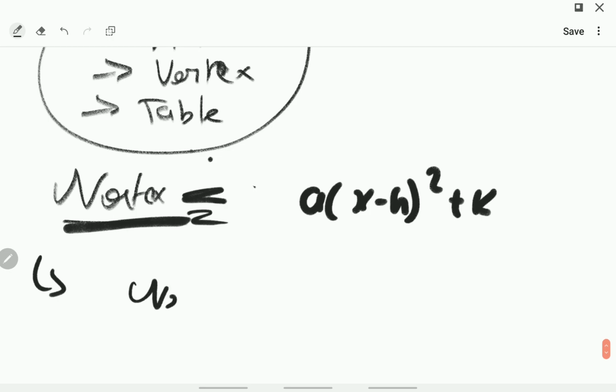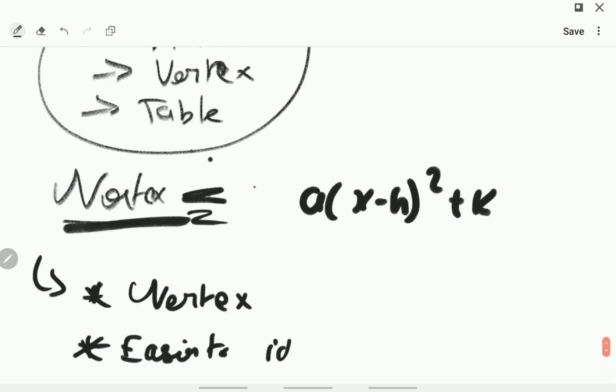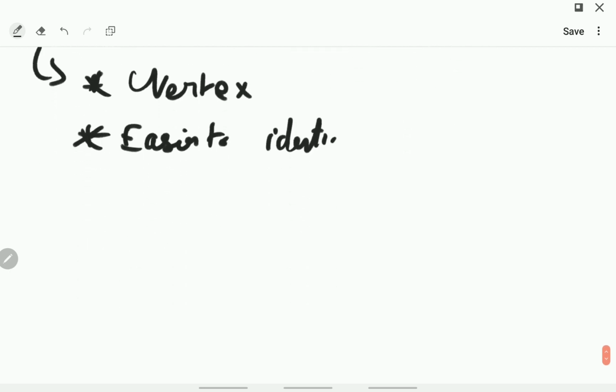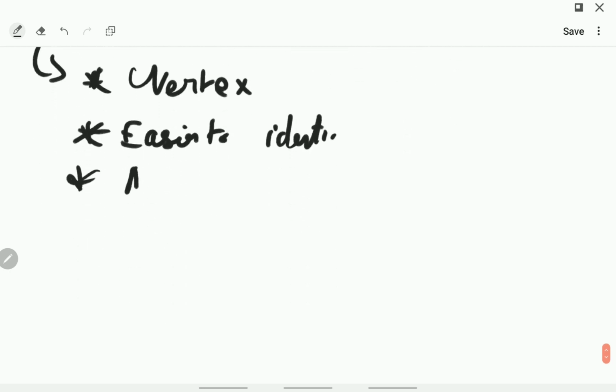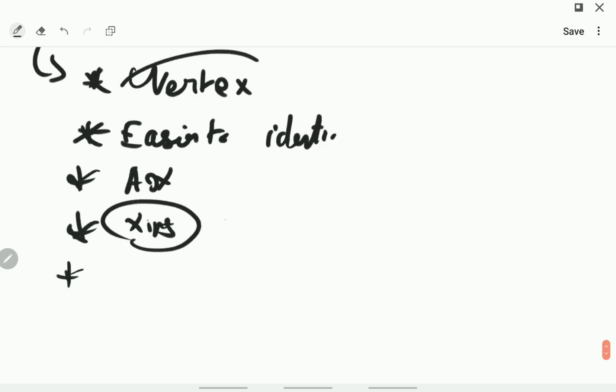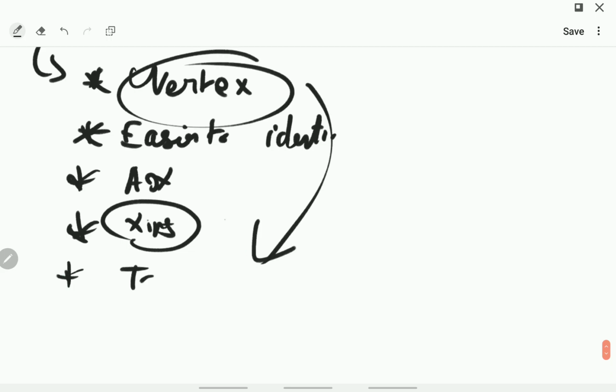Well, 1, it gives you the vertex straight away. 2, it's easier to identify on a graph. 3, it gives you the axis of symmetry easily. 4, you can find the x-intercepts pretty simply. And 5, using the vertex, you can just do more table of values.